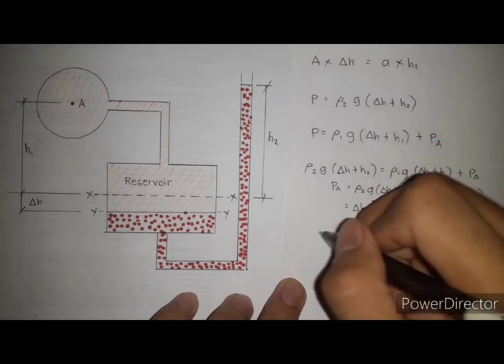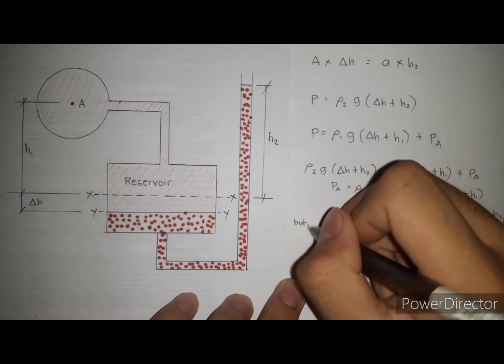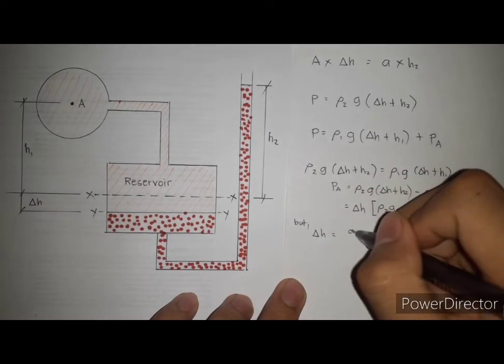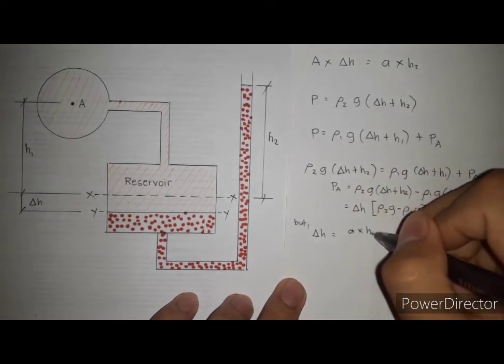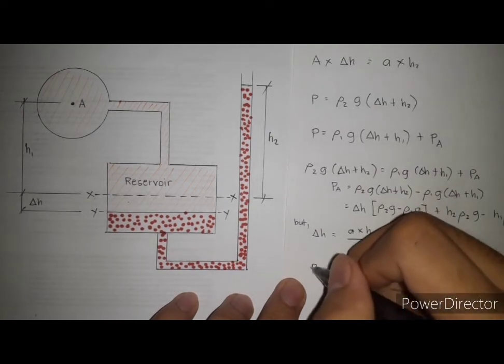But from the equation, delta H is equal to a times H2 over A. So, substitute lang natin.